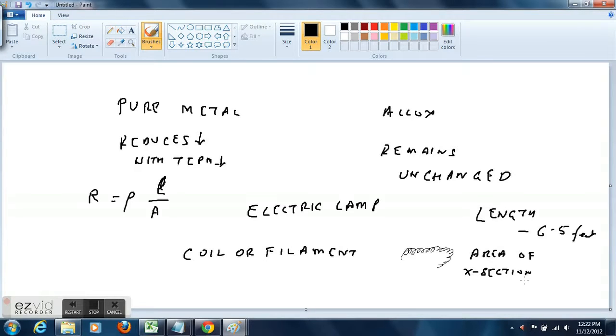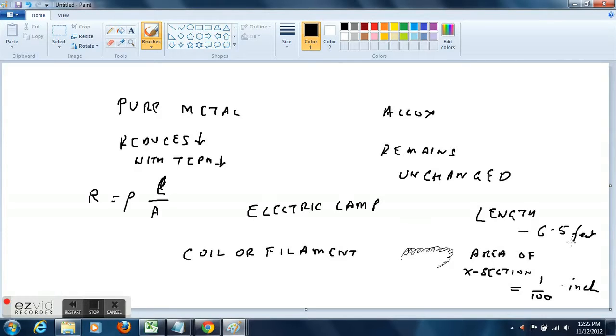So the length of an electrical filament is 6.5 feet, whereas the area of cross section is only 1 upon 100th of an inch. So the cross section is very thin, 1 upon 100 inch, whereas the length will be 6.5 feet. That means much taller than a standard size human being.